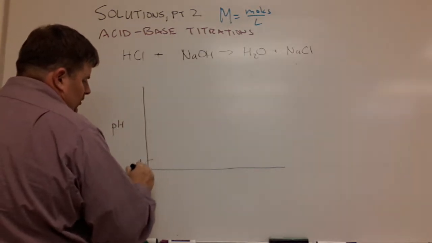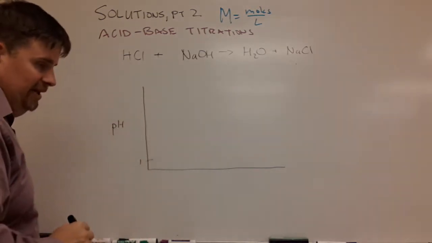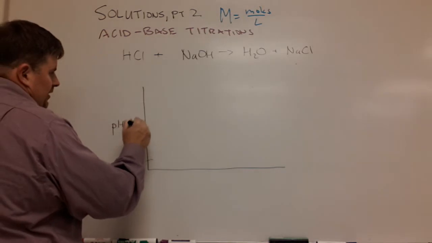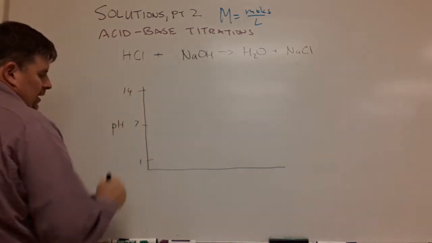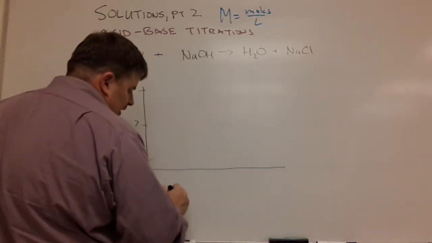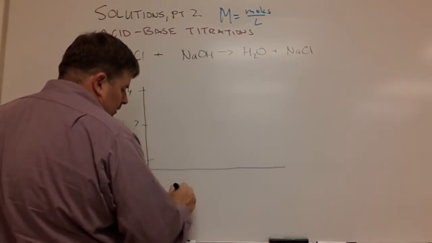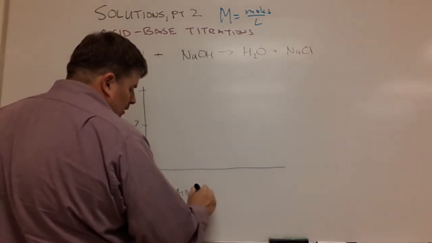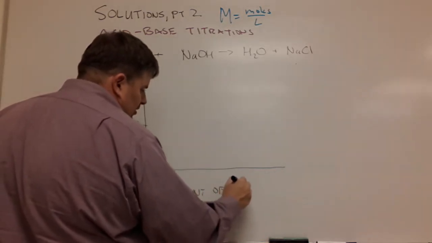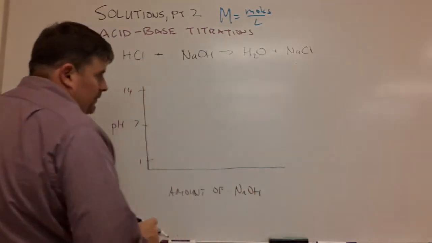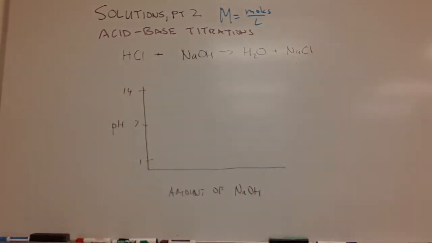And I'm going to start down here with 1. Okay, so it's an acidic scale. Go over here to 7, and up here I'm going to list 14. Down at the bottom, I'm going to list the amount of NaOH that we've added. Okay? Now, in order to define this, I'm going to identify certain starting values.